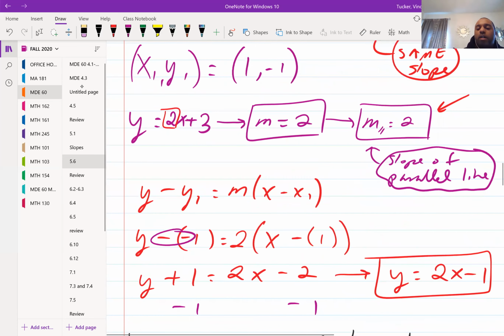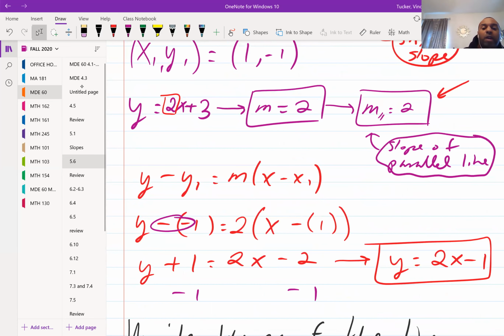And to write it as simple as possible, you would subtract 1 from both sides. And they cancel out over here on the left. And that should be a 3, shouldn't it? Yep, it should be -3. So y equal to 2x minus 3. Yep, because we distributed right here. It gave us a -2, subtract 1 from both sides. So it'll be a -3.